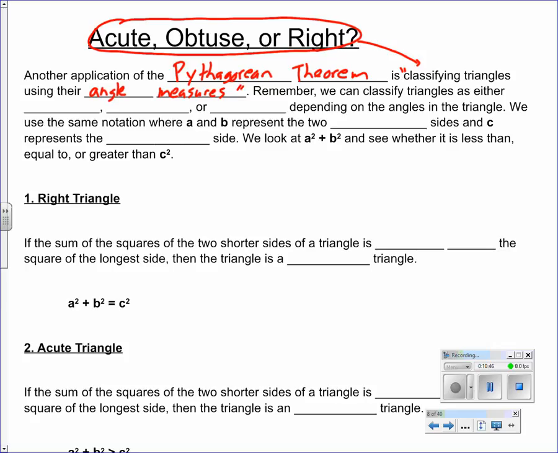Triangles with all acute angles are called acute triangles. If it has one obtuse angle, it's called an obtuse triangle. And if it has one right angle, it's called a right triangle.